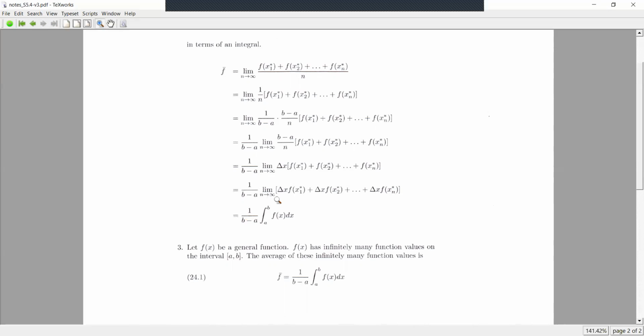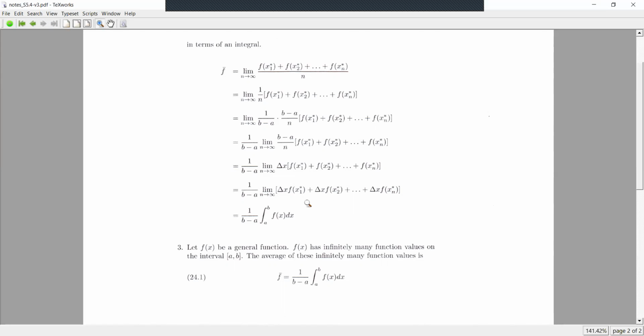Now take the limit. N is the number of rectangles. That number of rectangles approaches infinity. Then this sum will approach the area of the region between A and B, between the graph, the mountain surface curve, and the x-axis, the sea level, right?